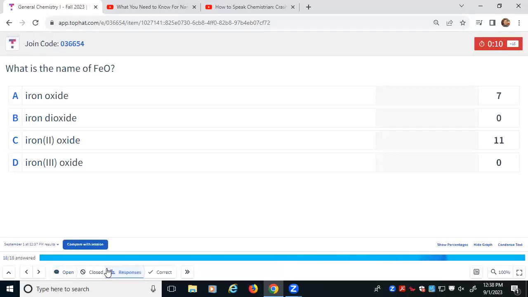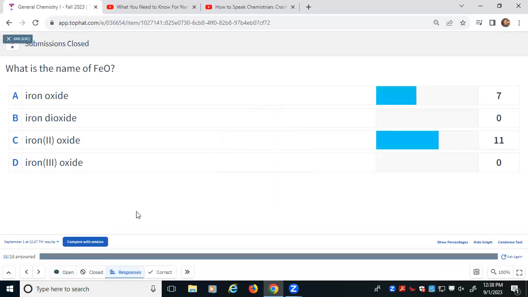All right, let's see how we did. Okay, we're a little bit split. Which one of these is correct? Because one of them is, and the other's not.